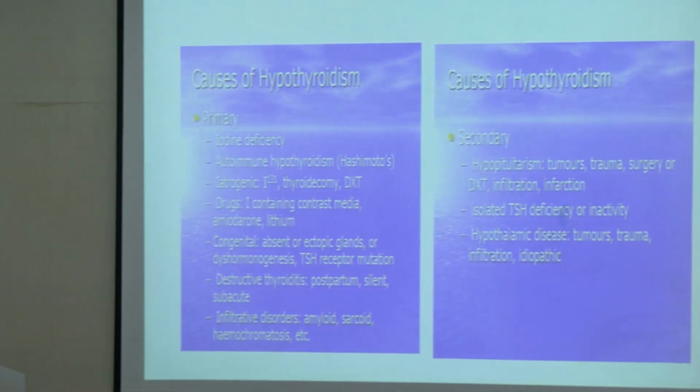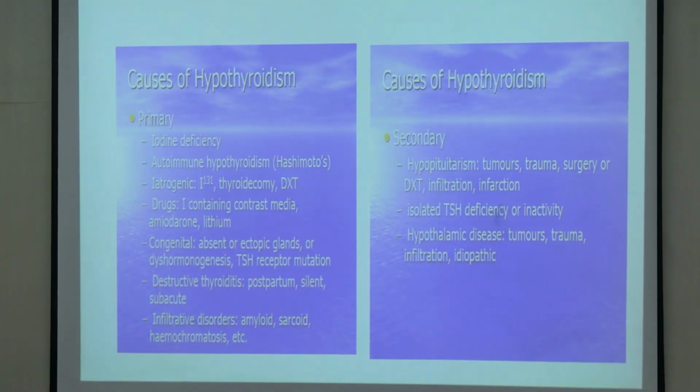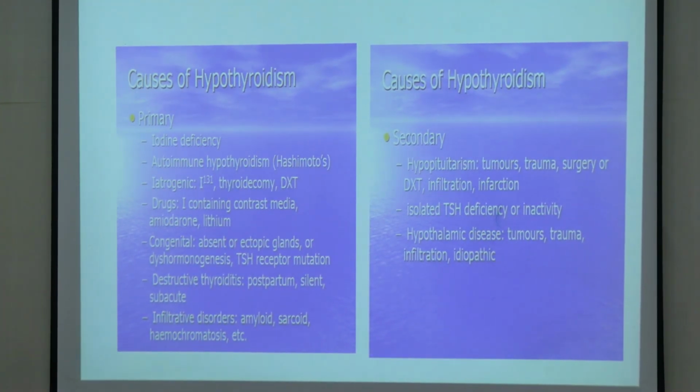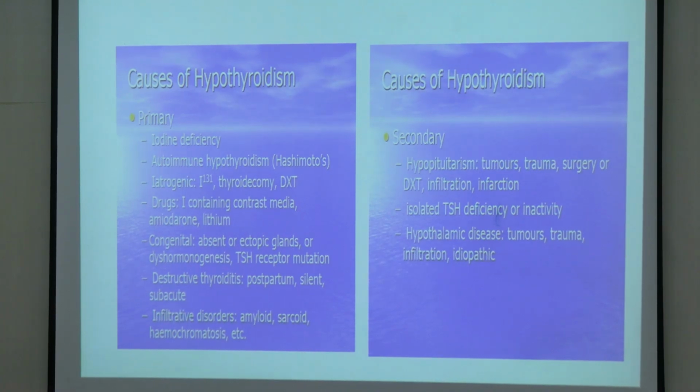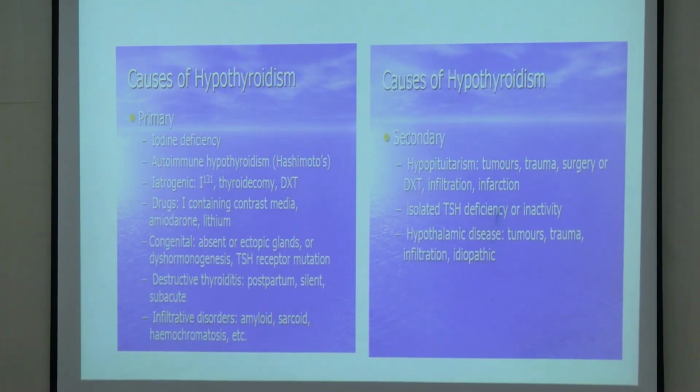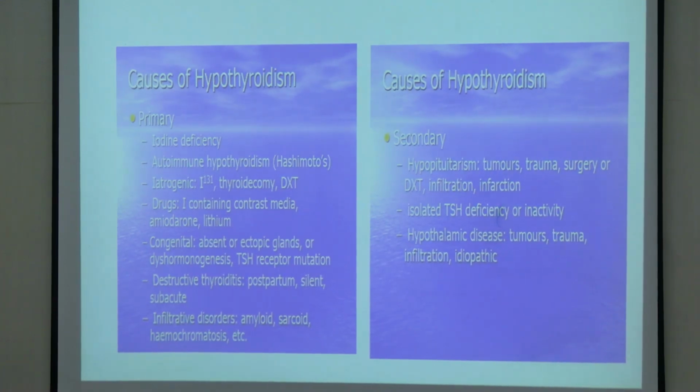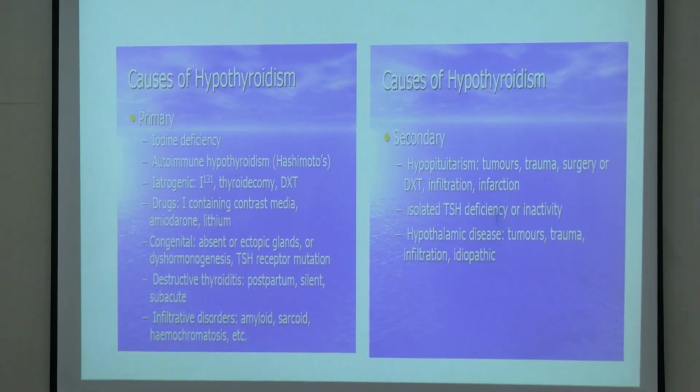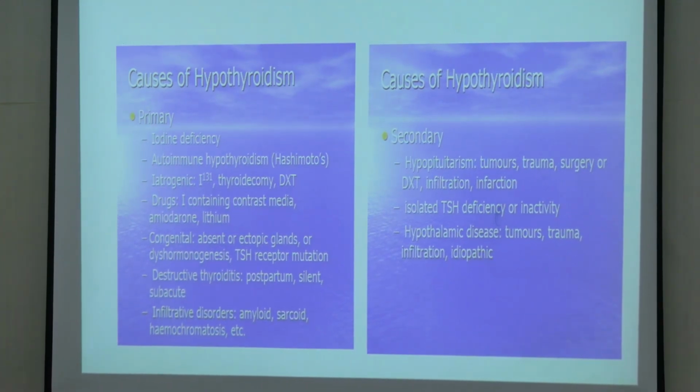Next is iatrogenic iodine 131. Sometimes patients suffering from thyroid cancer receive iodine 131, and this causes radioactivity and destruction of the thyroid gland, and eventually the patient develops hypothyroidism. In case of thyroid cancer, after thyroidectomy, the patient develops hypothyroidism.